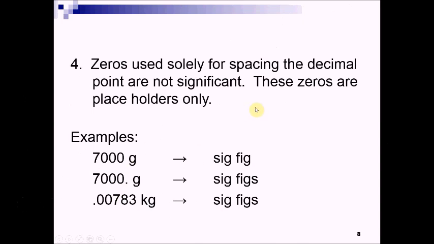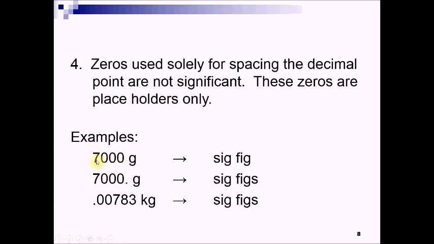Okay, and the last rule. This one can be a little tricky. Zeros used solely for spacing the decimal point are not significant. These zeros are placeholders. And this can be maybe a little tricky with the larger numbers. So if you have 7,000 grams, you know, how good was your equipment? Was your equipment really measuring 1 gram at a time?